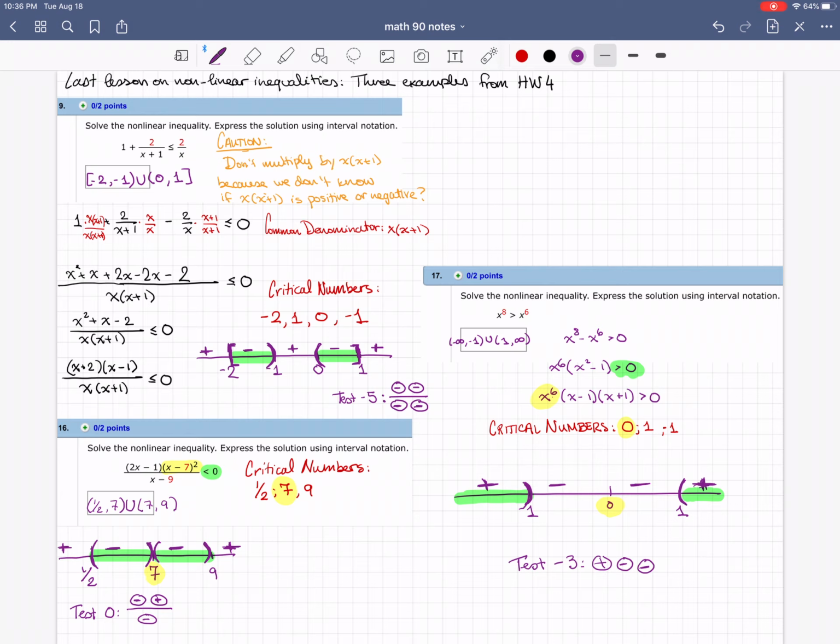So that is 3 very different lessons from homework number 4. And I hope that between the different problems that we've done for homework 4 and the other examples that I made up myself, you now have a really solid understanding of how sign charts work, how we use them to solve nonlinear inequalities. We will use sign charts nonstop in this class.